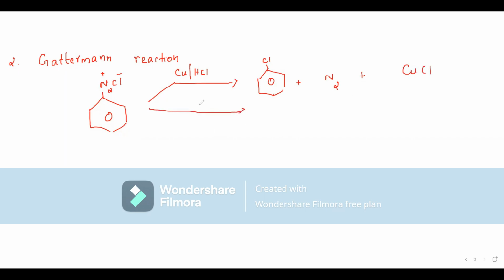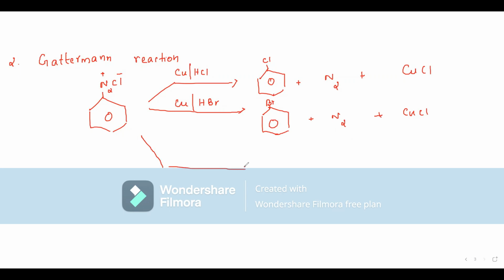And if you use copper in HBr, you will get bromobenzene, nitrogen, and CuBr. Bromobenzene, nitrogen, CuBr.